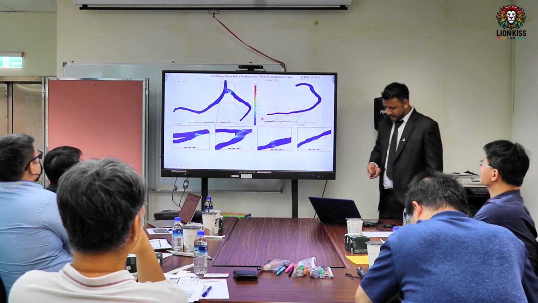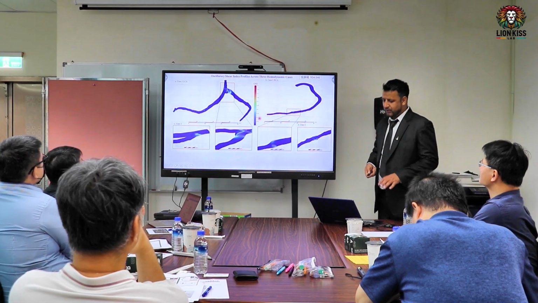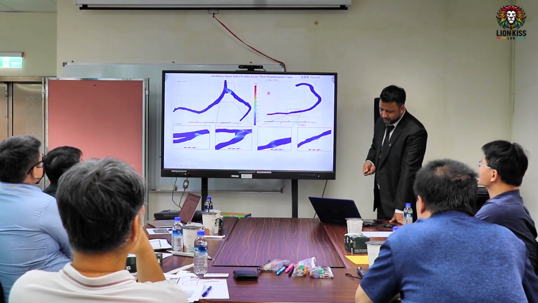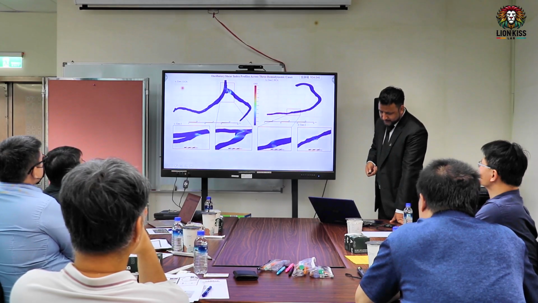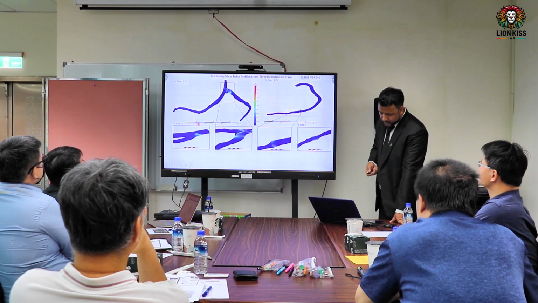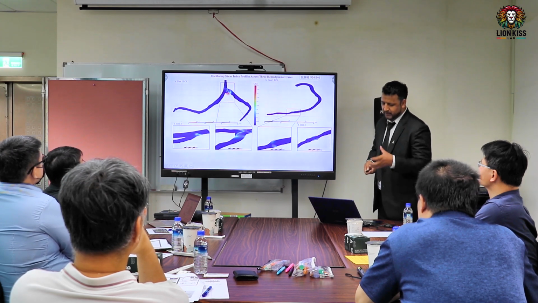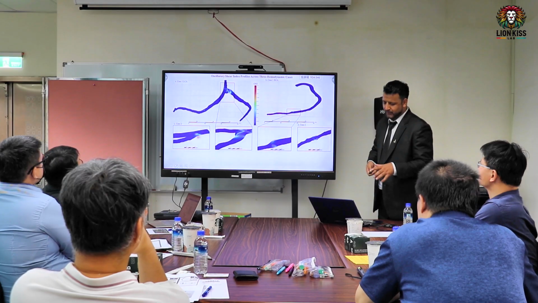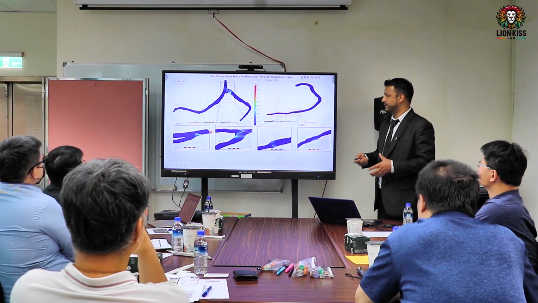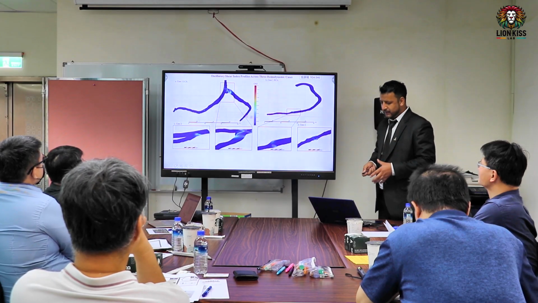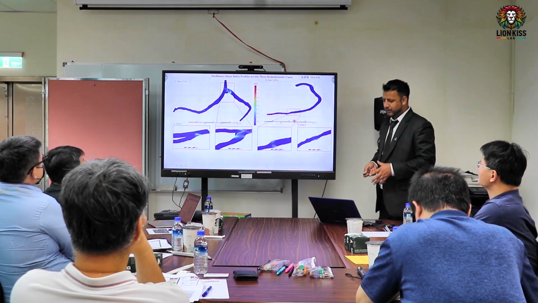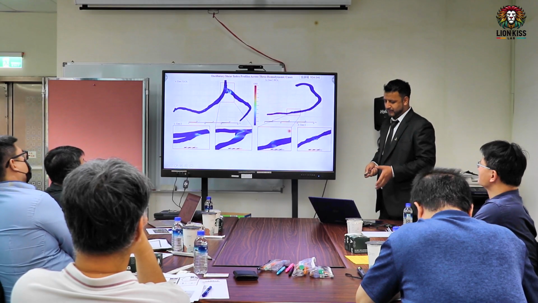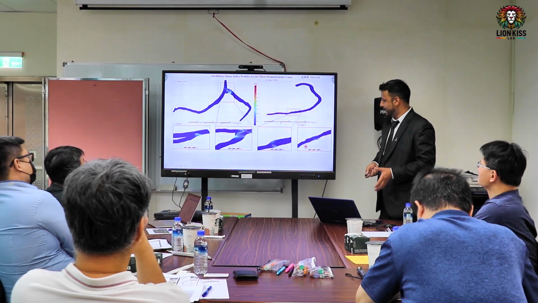In this one, I show the oscillatory shear index across 3 hemodynamic cases. In case 1, I show where the high OSI is on the bifurcation. In case 2 also, the OSI is high at the bifurcation, and at almost the end of the right coronary artery it shows high OSI.